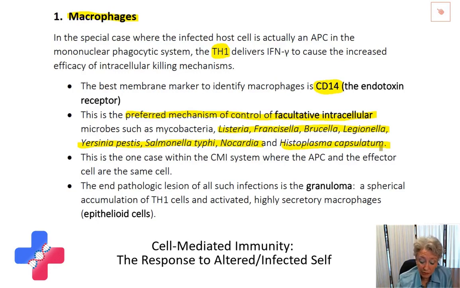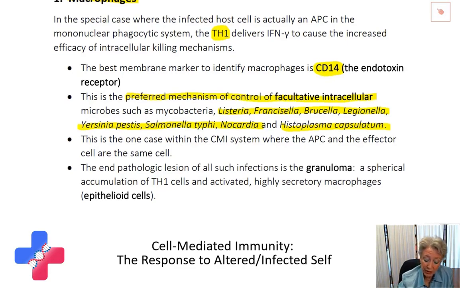And so for each of these cases, my most important protective mechanism is going to be to activate my T helper 1 to deliver an interferon gamma signal to the infected cell, which then causes those cells to become highly secretory. We refer to these as epithelioid cells, and the end pathologic lesion, of course, is the granuloma.